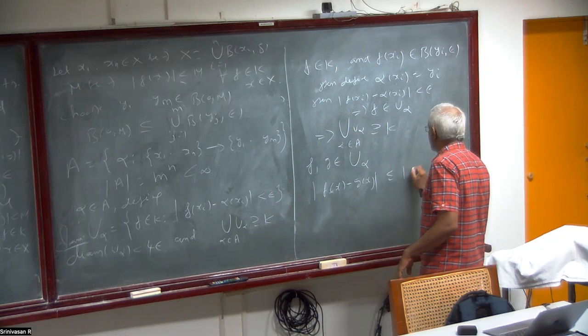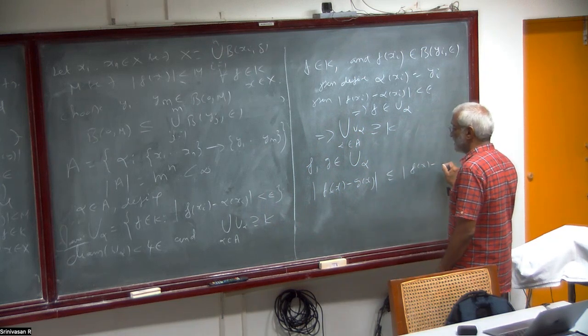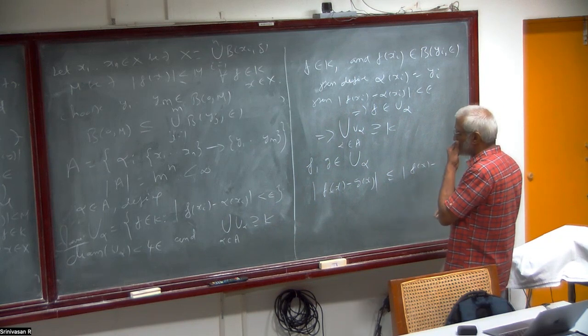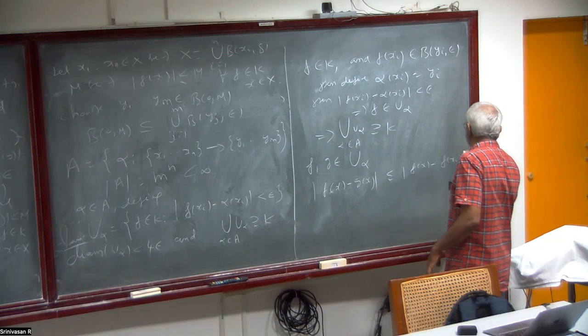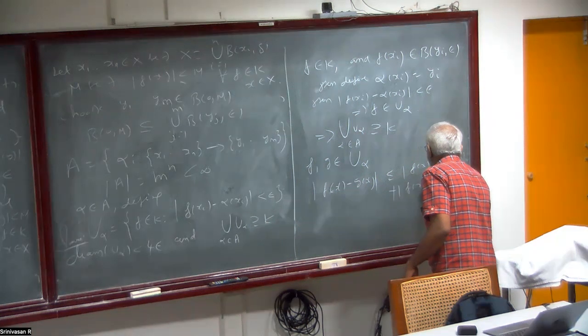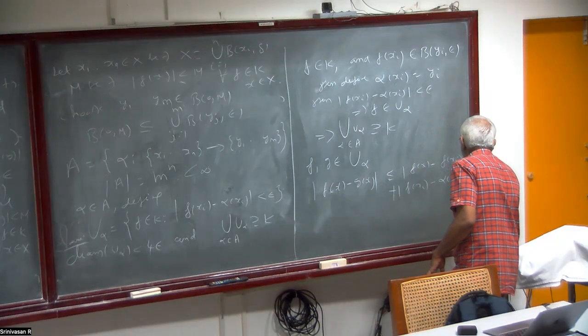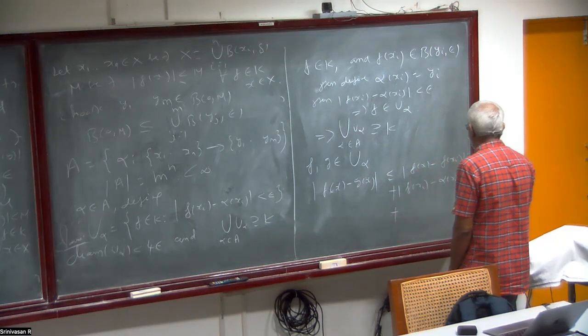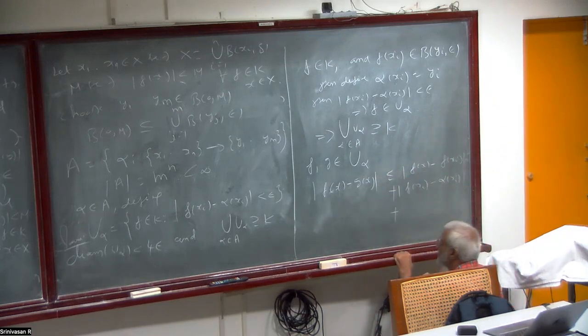So this is less than or equal to |f(x) minus f(xi)| plus |f(xi) minus alpha(xi)|. They are in U_alpha, so they are within epsilon distance between f(xi) and alpha(xi). This is true for g also by definition, plus |g(xi) minus g(x)|. So this is less than 4 epsilon.